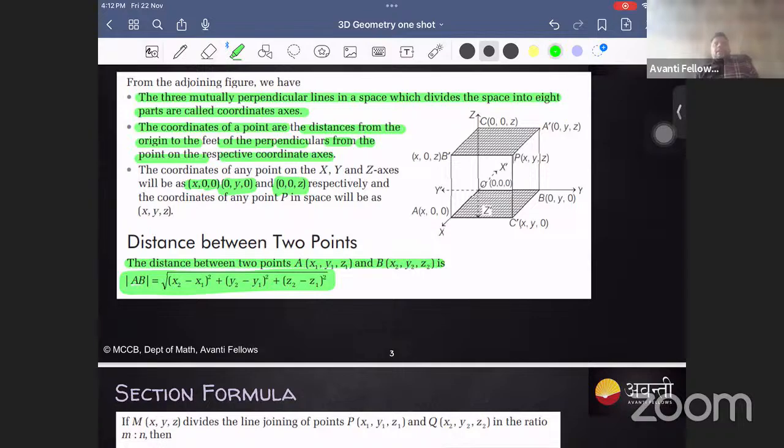Now here, another thing, that (z1 minus z2) whole square also came into the picture. Am I clear? So, distance formula in 3D.